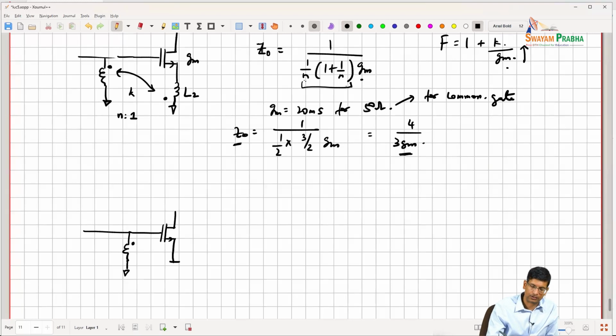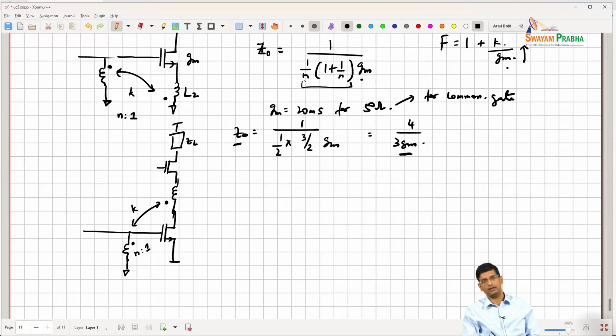So instead of doing it across the drain, what they suggest is doing it at the cascode node and then making a ZL. So now these two inductors are coupled with a certain K, and you still again have an n:1 going this way.